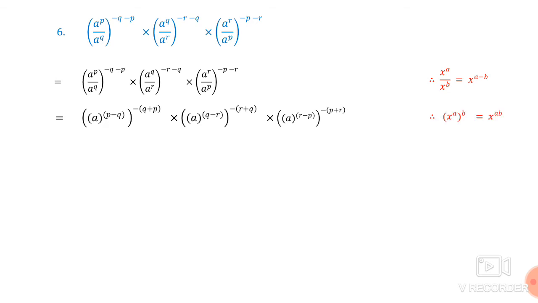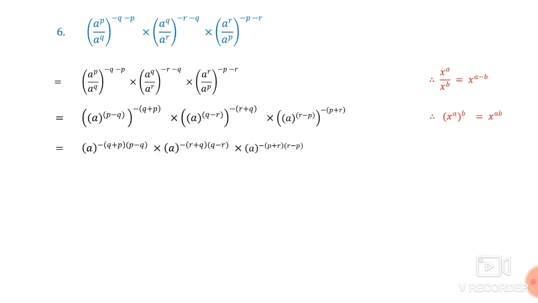Here we can apply this rule. When we have an exponent over an exponent, the exponents are multiplied together. So these exponents will be multiplied with each other. Same thing happens with this bracket, and with the third bracket, exponents will be multiplied together.